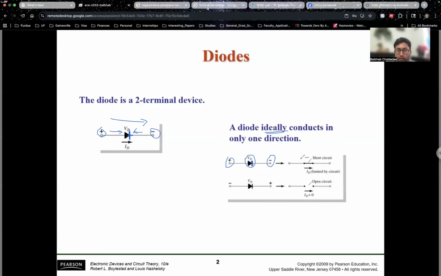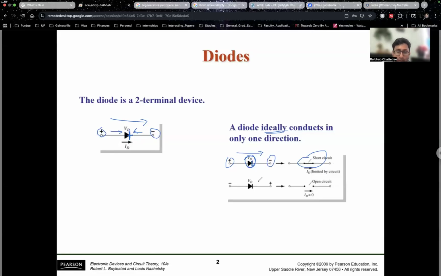So the diode acts as a short circuit whenever the current is flowing from left to right in this diagram. That means the diode's positive terminal is connected to a positive voltage and the negative terminal is connected to a negative voltage. We'll learn later that this is called forward biasing the diode. We learned about biasing, and it is very important to make sure the circuit operates correctly.